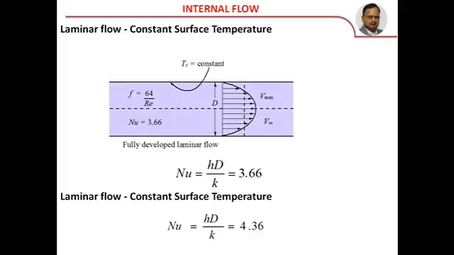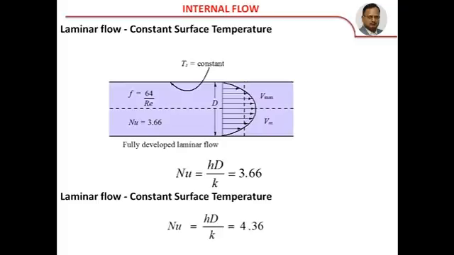Because when I take the Reynolds number Vd by mu for internal flow, mu value is generally in the order of 10 power minus 6. So therefore Reynolds number will be always greater than 2300 and the flow is in general turbulent flow.